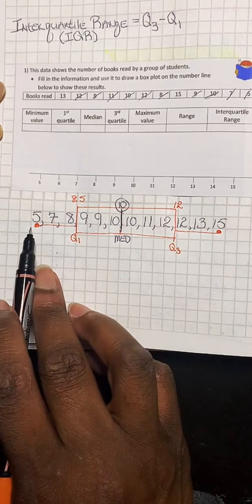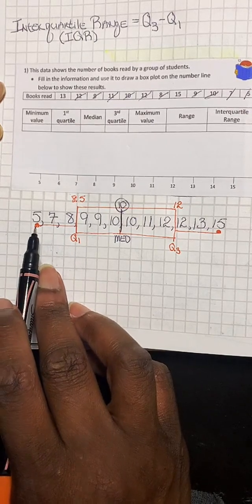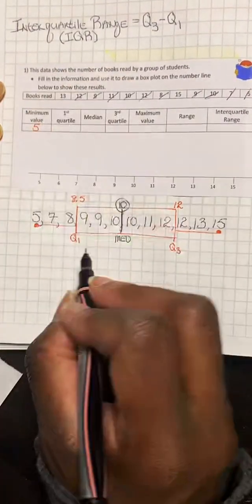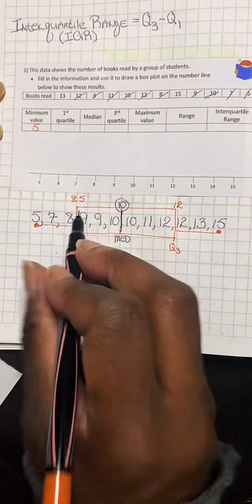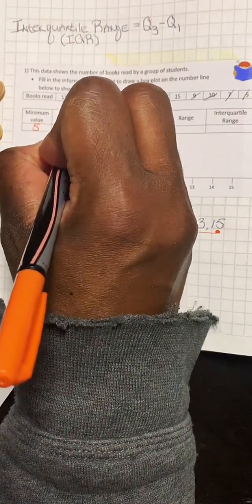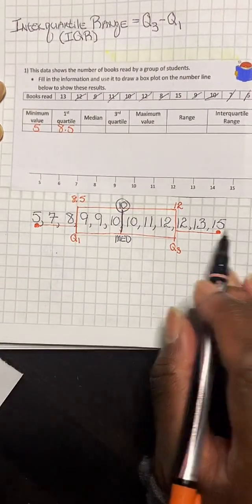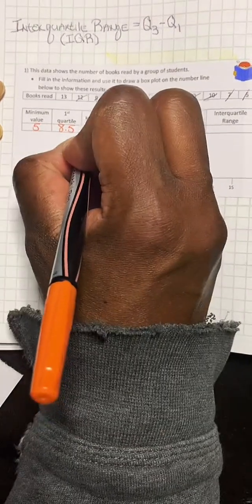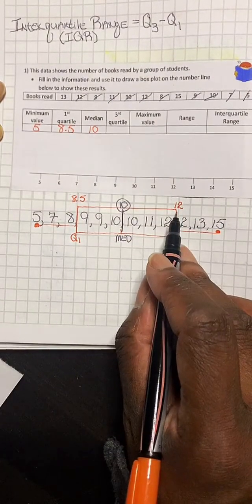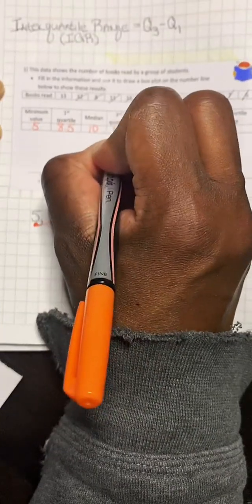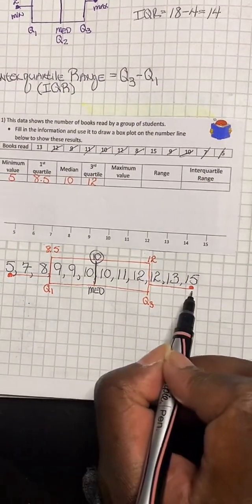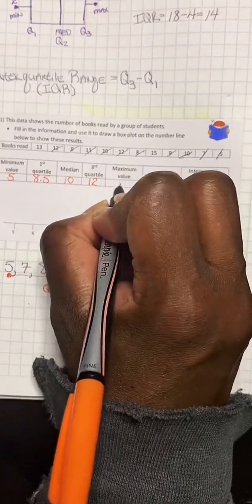Yes, my lowest number of the data set is going to be 5. That's my min. The first quartile, which we found, was 8.5. The median of all the data was 10. My third quartile, which was 12. Bring it down a little bit. The maximum number is 15.